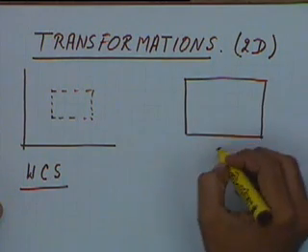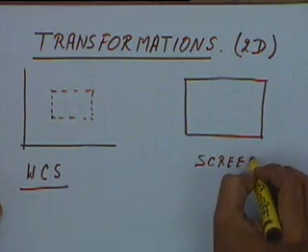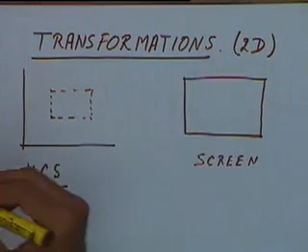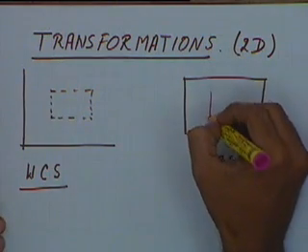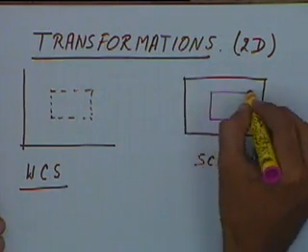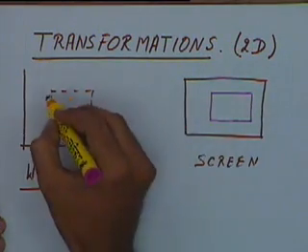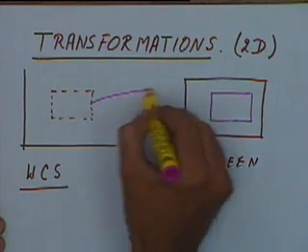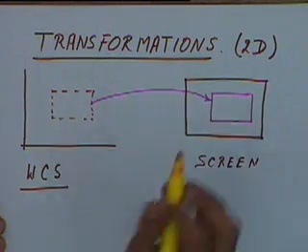On the screen coordinates we take a viewport, and this portion of the window is then mapped onto the viewport, after necessary clipping and so on.